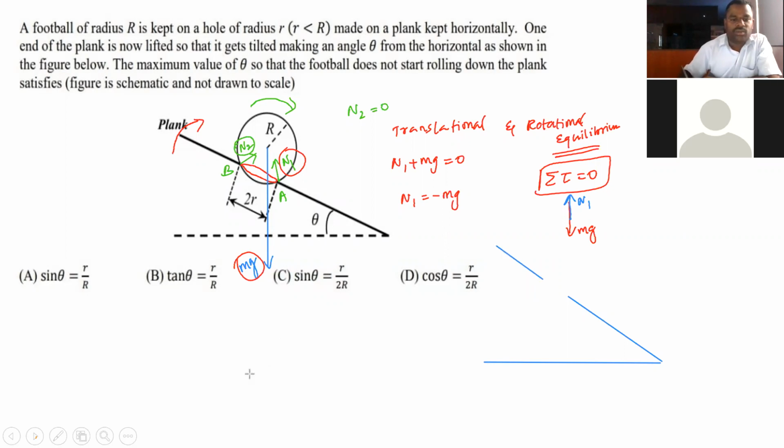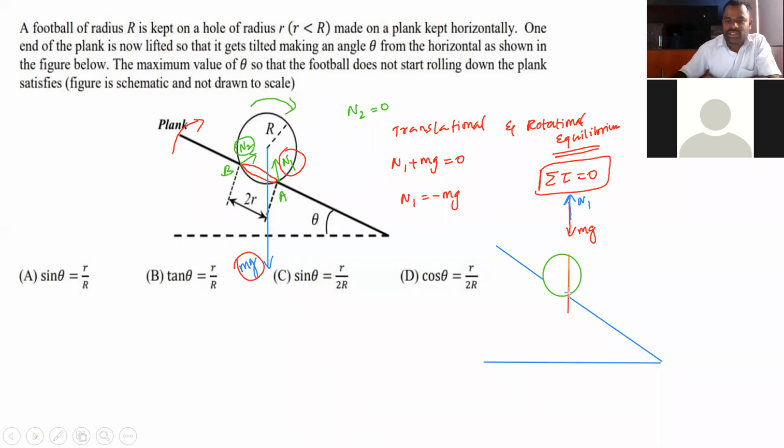Now we take the ball. This is the ball we fix here. Let us consider mg acting downward. In the same line only, N also should act. The normal reaction also should be acting in the same line.